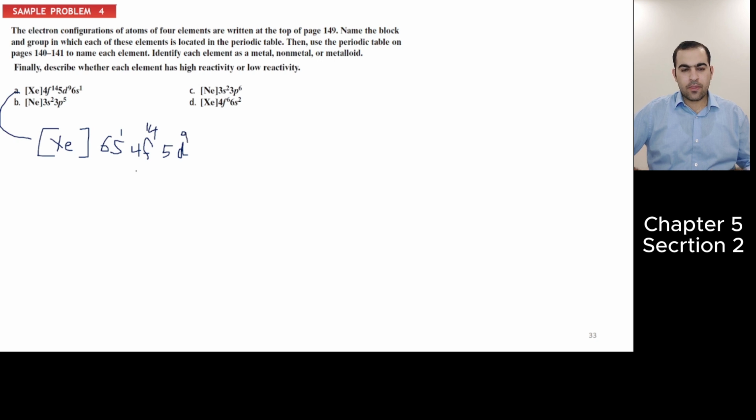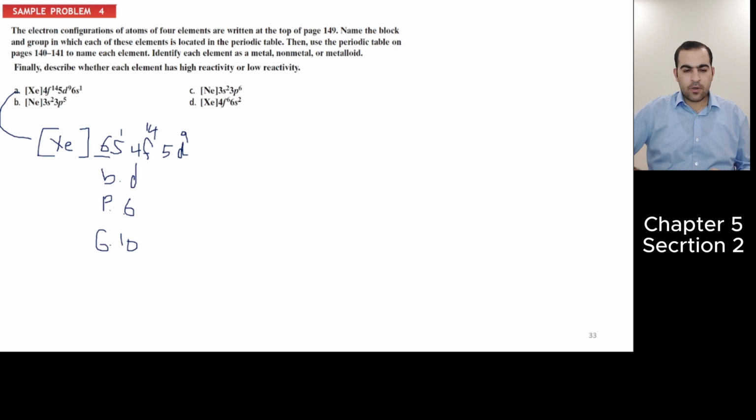Okay, this element is in which block? This is in block D, and period, which period? Period 6, because of the number before last S, and the group for D block equals number of electrons in last S plus last D, equals 10. It says which element is that?